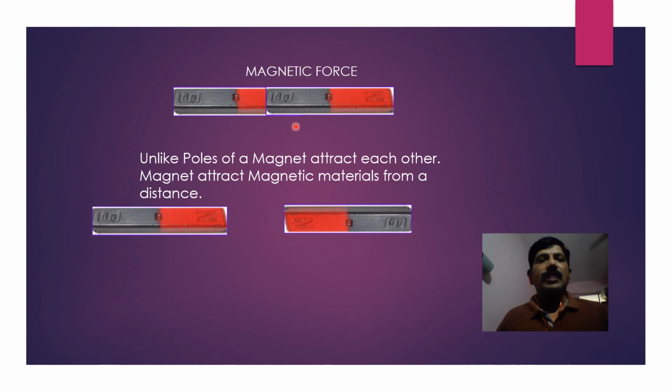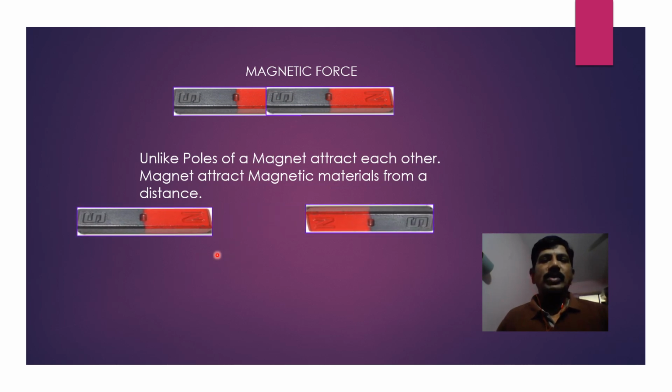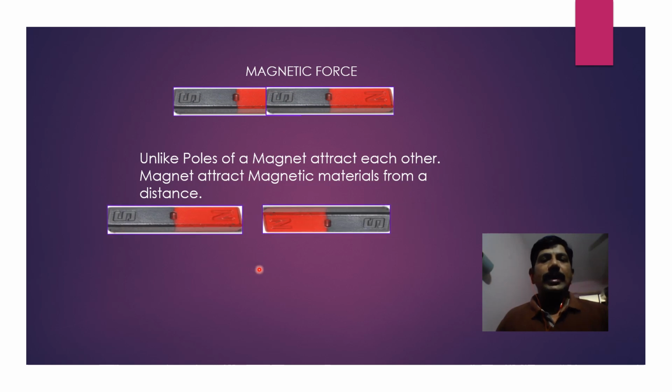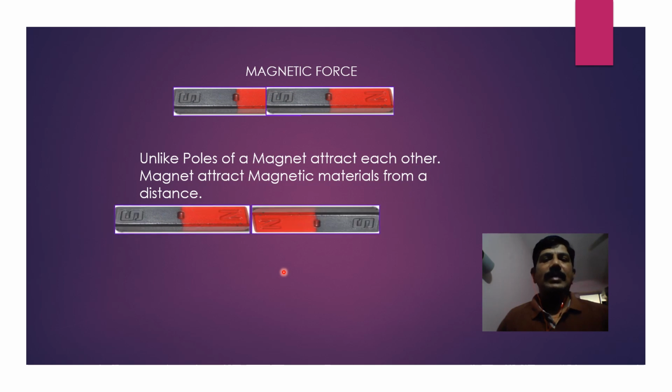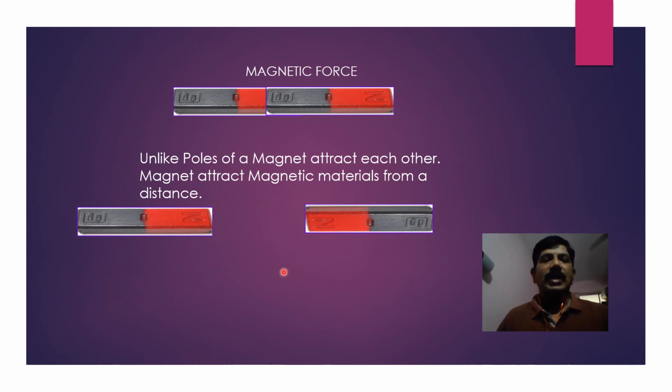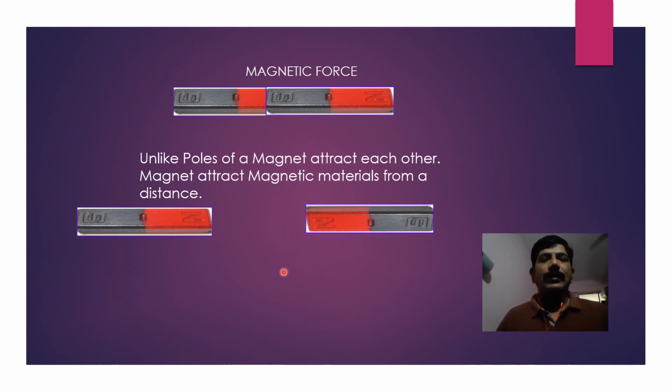These are the unlike poles. Here you observe this animation. See like poles here, north, north and south, south. When they are brought together, they get repelled. So here also the force is acting from a distance. There is no direct physical contact. In your previous classes you studied that like poles repel each other.